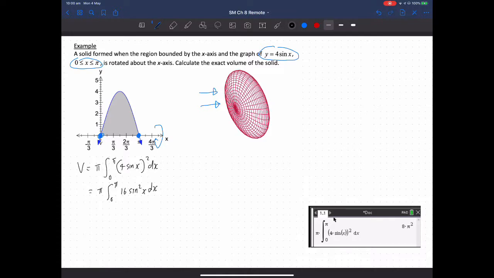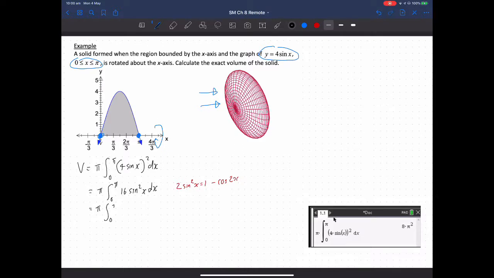Remembering back to our double angle formulas, you know that 2 sine squared x is equal to 1 minus cos 2x. So we're going to manipulate that formula. So we have pi, integral from 0 to pi.